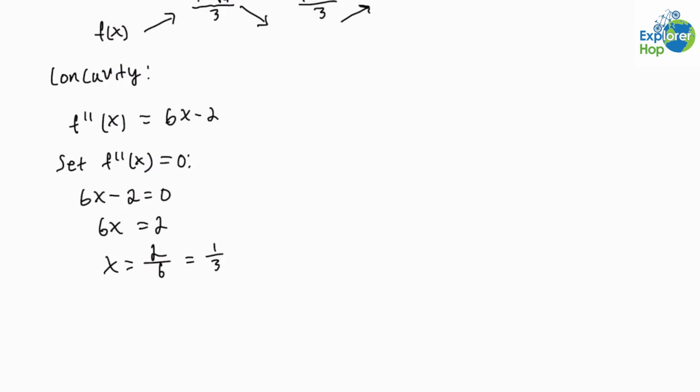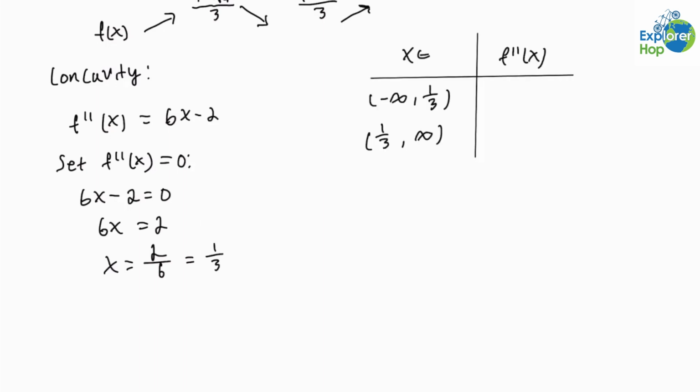Now, we can set up another table to find the intervals of concavity. Here is what the table looks like. Since the second derivative is equal to 0 at x equals 1/3, this gives us two intervals to check. We will check whether the second derivative is positive or negative in the intervals from negative infinity to 1/3 and from 1/3 to infinity.